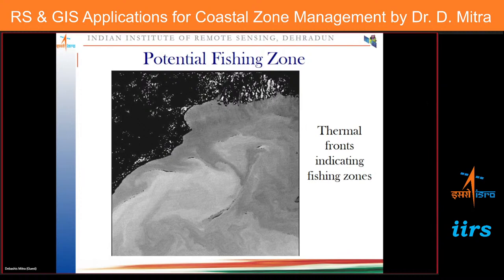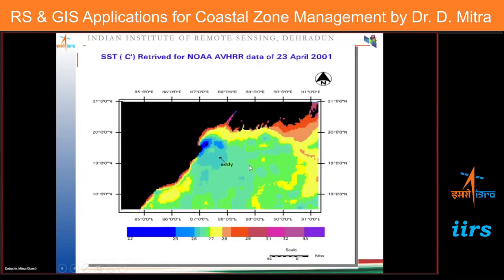So that will create a thermal front, and that front can be picked up by the satellite data, particularly the IIRS data. So these are the fronts and some typical characteristics. These are the fronts where there is a sudden variation in the temperature. Okay, so we are trying to look for this front for the chlorophyll, and you can see this is the SST map from the IIRS data, 23rd April 2001 in the Bay of Bengal coast.